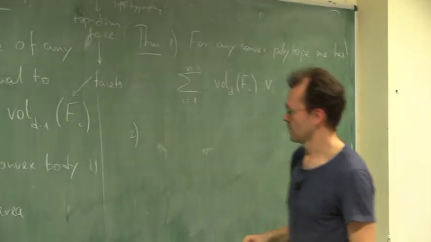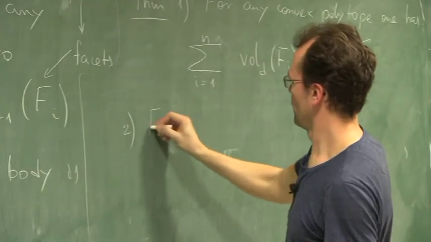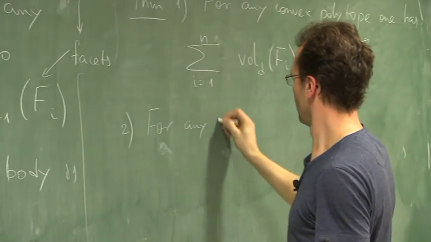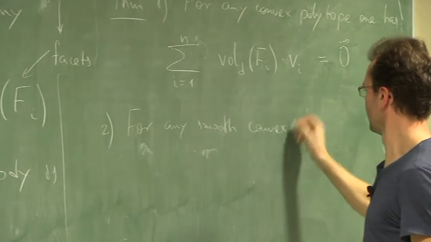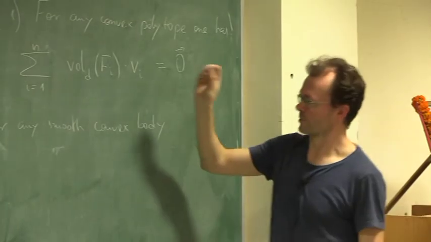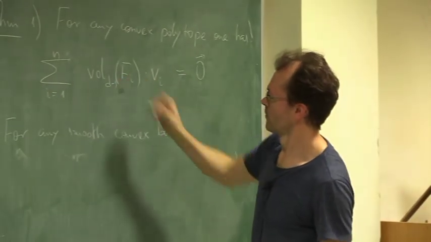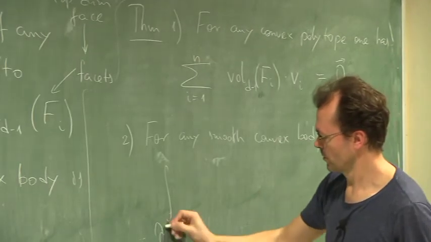And another formula for smooth convex bodies. Yes, d minus 1. And here we must take the integral over the boundary.